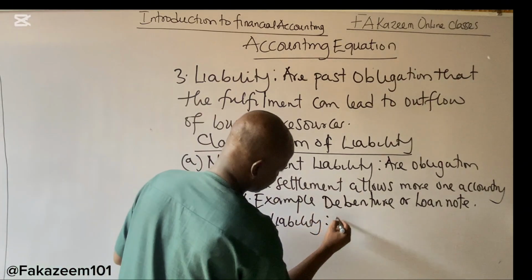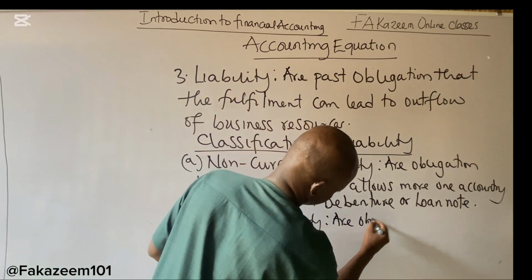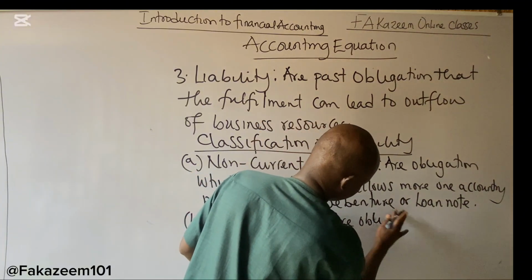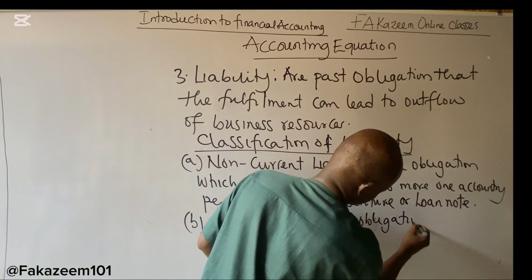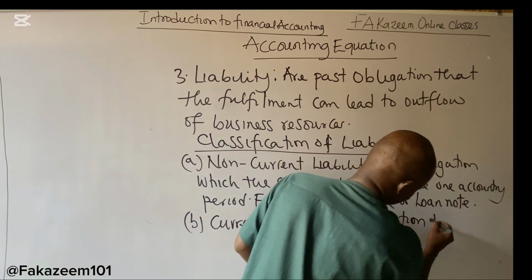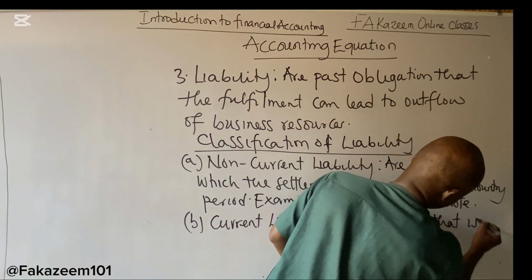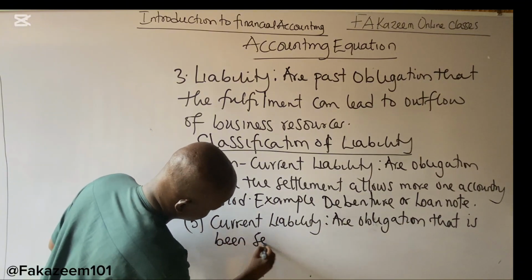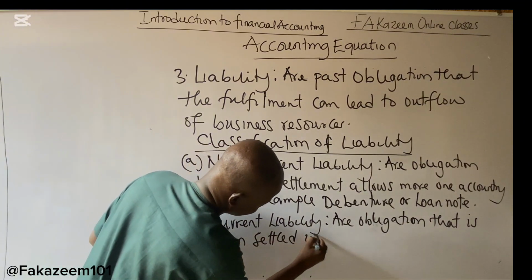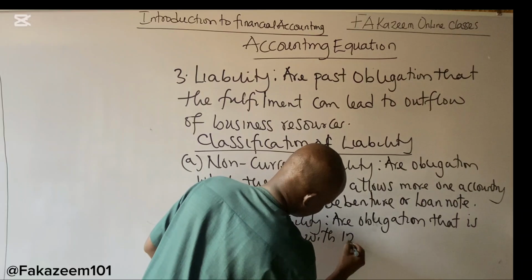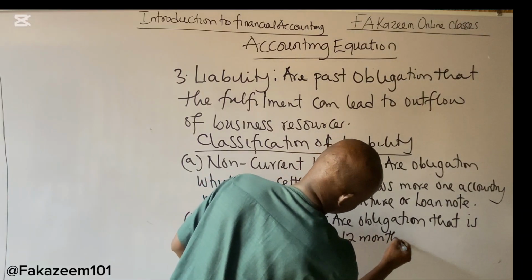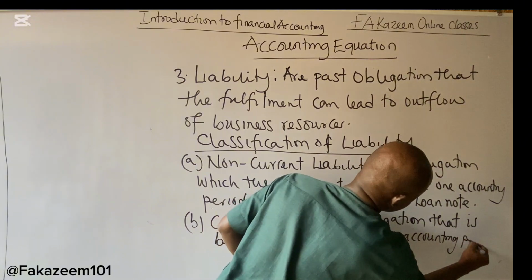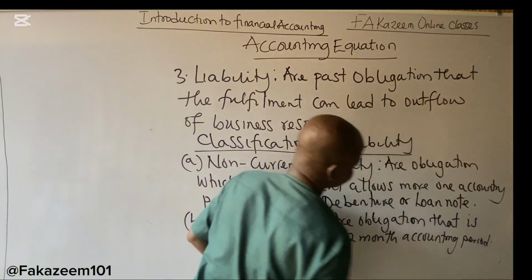Current liabilities are obligations that are being settled within a 12-month accounting period.